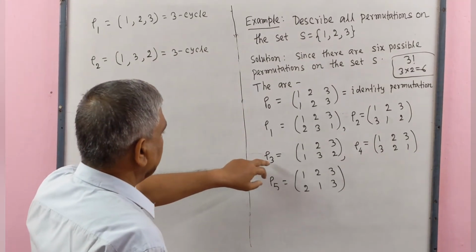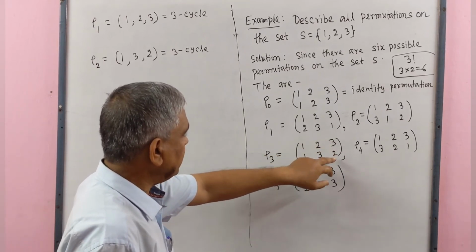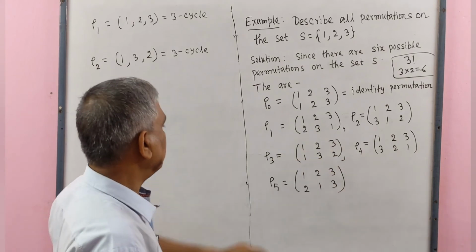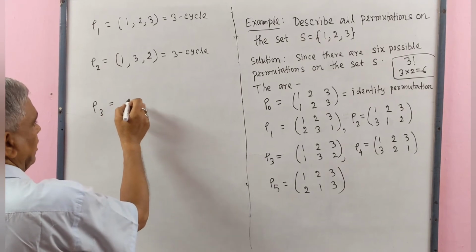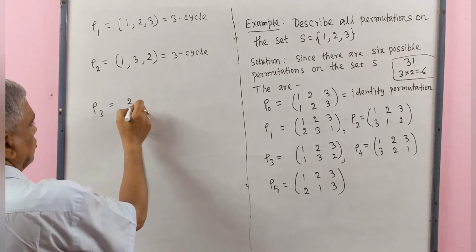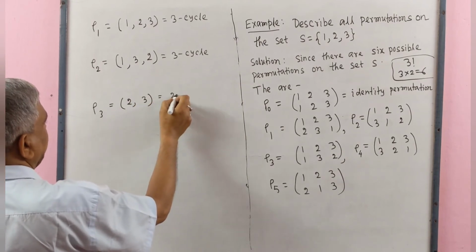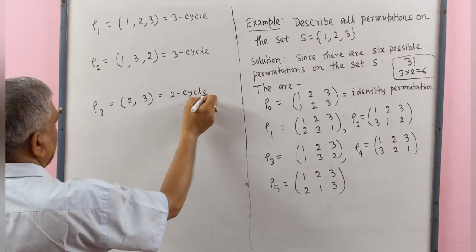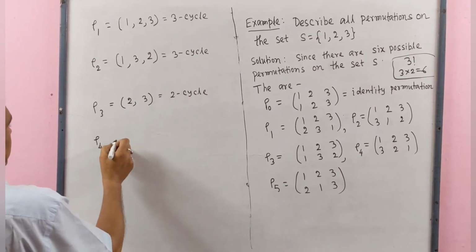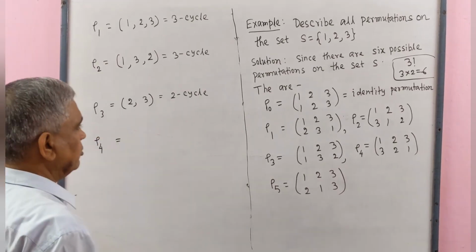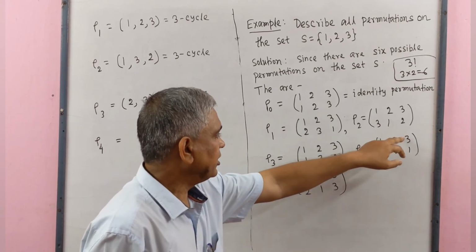Here row 3. The image of 1 is 1, image of 2 is 3, image of 3 is 2. That is, row 3 is the 2-cycle (2 3). This is a 2-cycle. Now row 4: the image of 1 is 3, image of 2 is 2, image of 3 is 1.